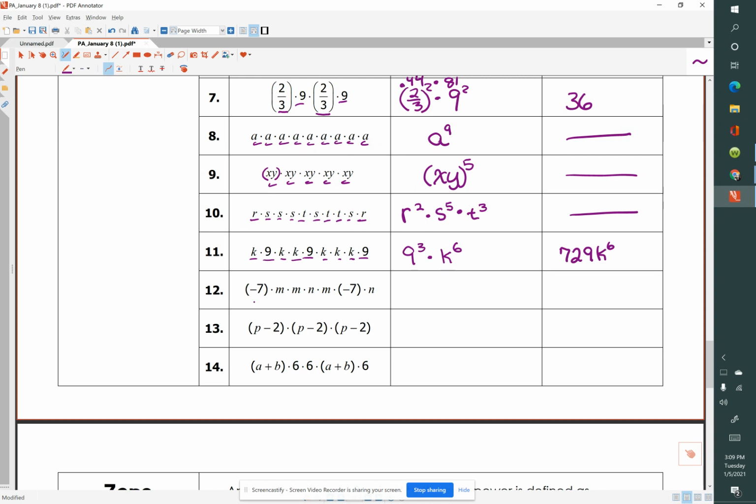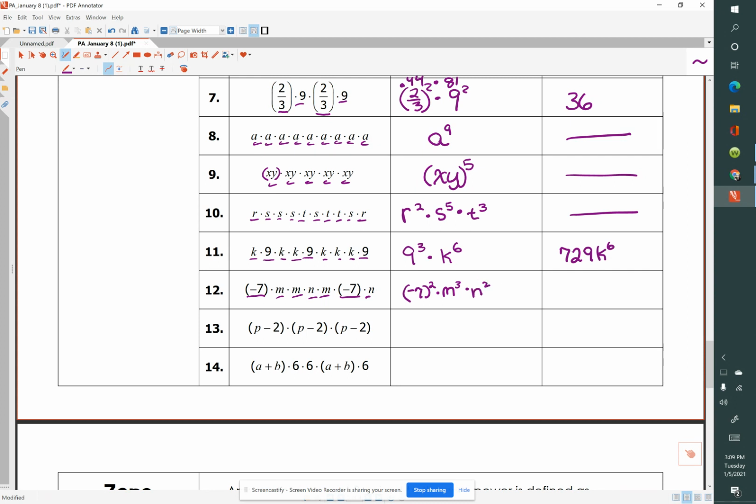And similarly, with number 12, we have -7 2 times, it's multiplied by itself. Use parentheses, -7 squared times, how many m's do we have? M to the 1st, 2nd, 3rd. M to the 3rd times n to the 2nd.